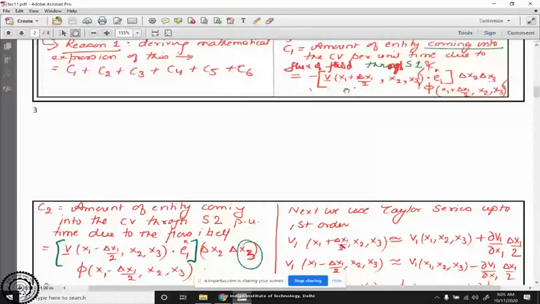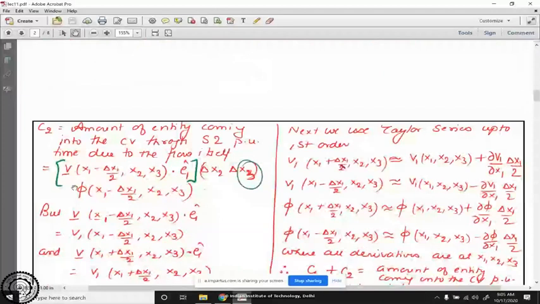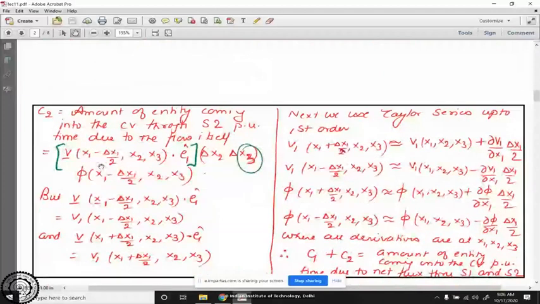For C1, surface S1 is displaced from the center along the E1 axis by delta x1 by 2, and that's why delta x1 by 2 appears in the arguments of both v and phi. For C2, since surface S2 is displaced by minus delta x1 by 2 in the E1 direction from the center of the control volume, we should have x1 minus delta x1 by 2 in the arguments of both v and phi.